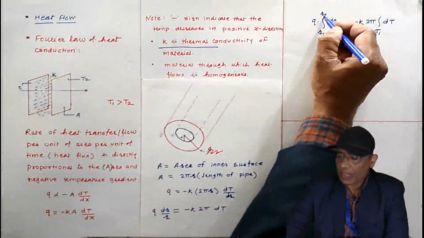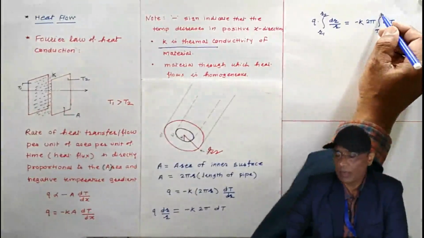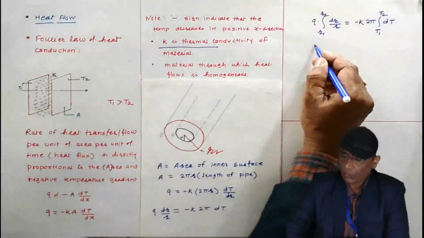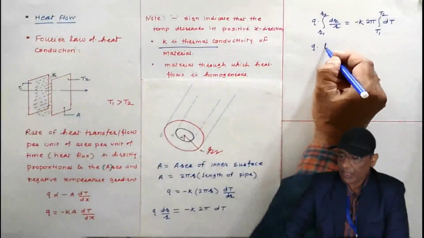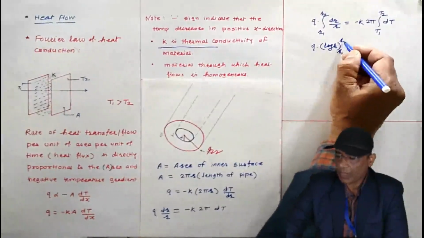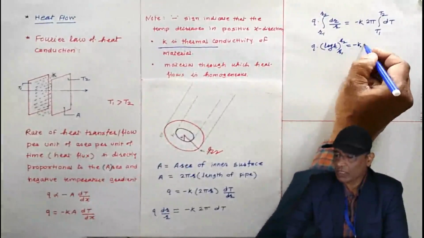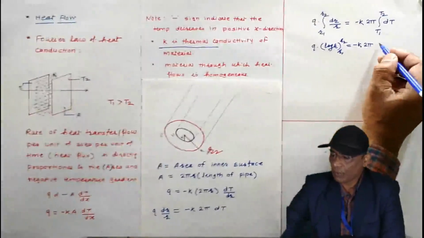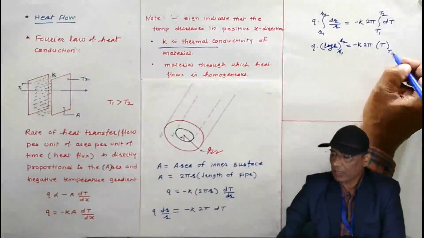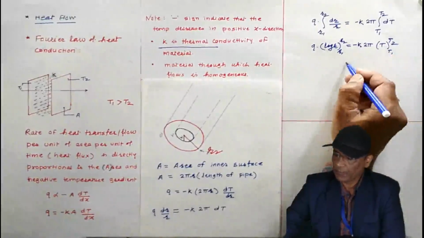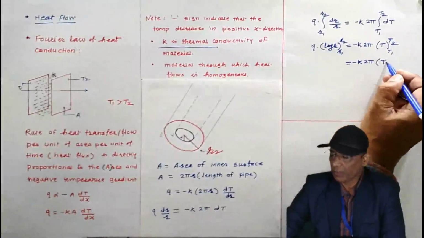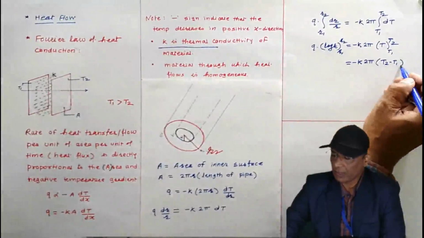The radius of the outer surface is R2 and the temperature at the outer surface is T2. Now Q multiplied by the integration of 1 by R is log R, lower limit R1, upper limit R2. This part is very simple for you, because integration of 1 with respect to T is T, with lower limit T1 and upper limit T2. Minus K into 2 pi, upper limit minus lower limit, T2 minus T1, I am writing here.